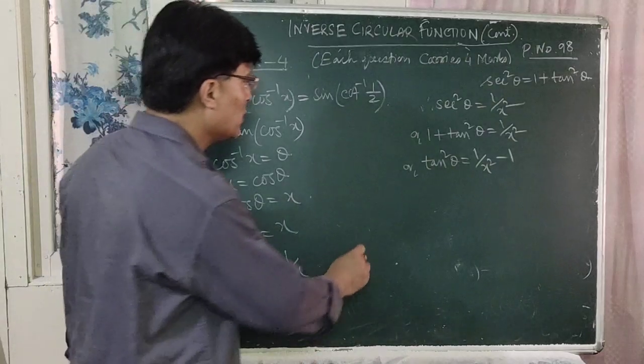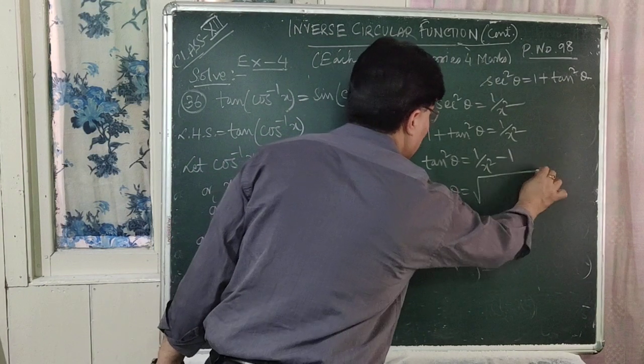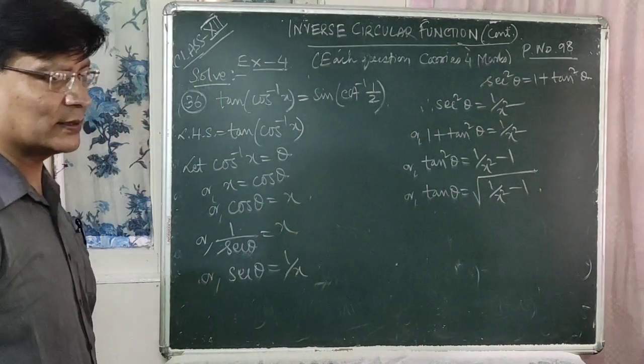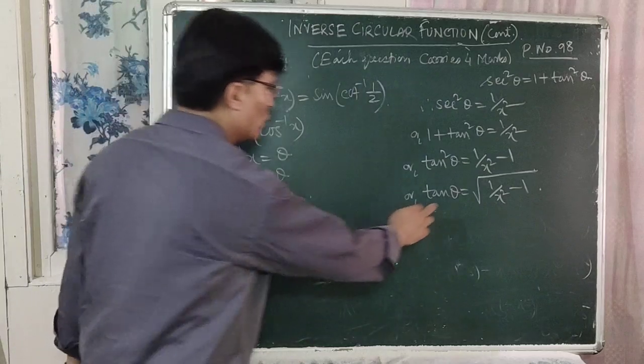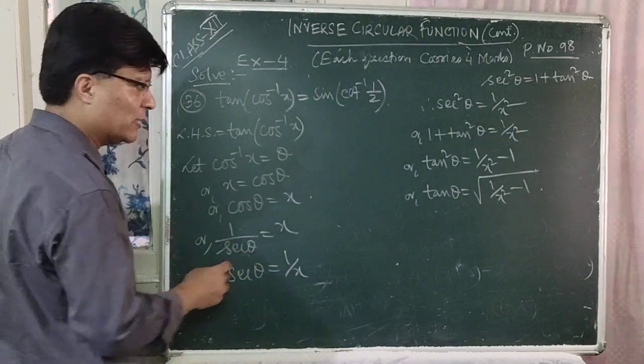Is that clear? So what is the value for tan θ? So tan θ = √(1/x² - 1). Got it? So what is the value for θ actually? It is cos⁻¹x. You can put the value for θ out there.